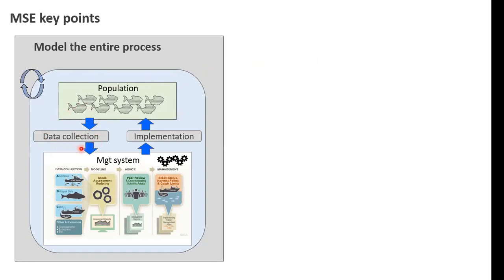So we have some way to generate observations from the system. This would be something like a trawl survey or catch monitoring, etc. So we have a model for data collection, and then we also have a model for fishery implementation to connect the management model back to removals from the population.